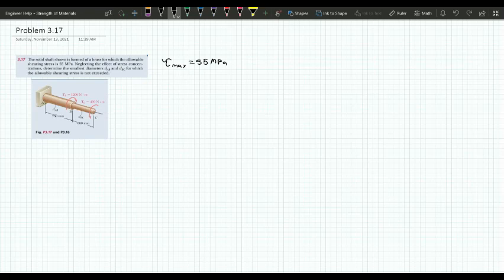is not exceeded. Okay, so recall that the equation for the max shearing stress is equal to the torque times C divided by the moment of inertia J, where C is the radius of the shaft.